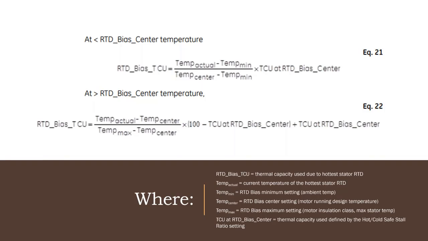Now, let's step back and look at that. What is that telling us? It's telling us that by adding RTDs and RTD biasing to our motor protection scheme, we are a little more conservative about protecting the motor.